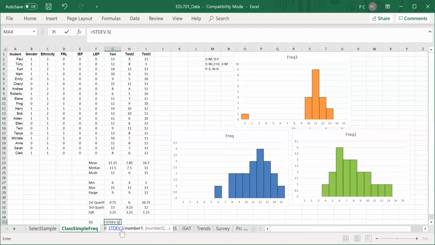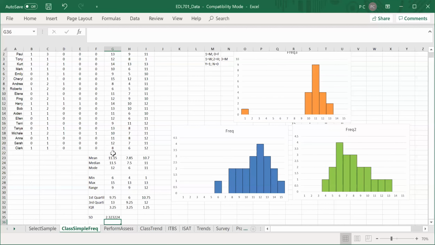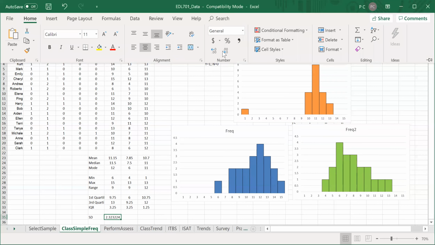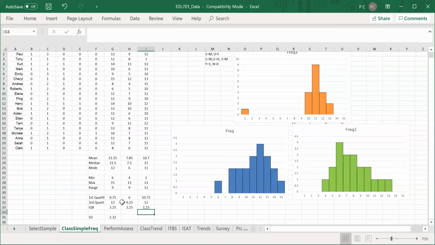So it's this function, and then we get the data in. I'm going to reduce the decimals. So on average, the difference for test 1 is 2.32 points. The mean is at 11.15. I'm going to fill this over.